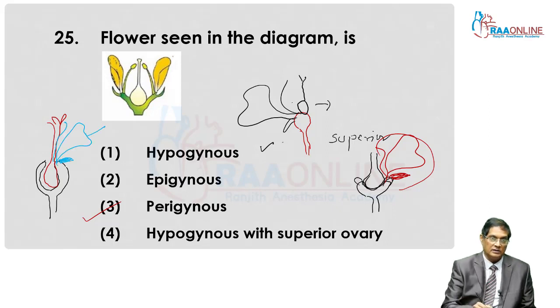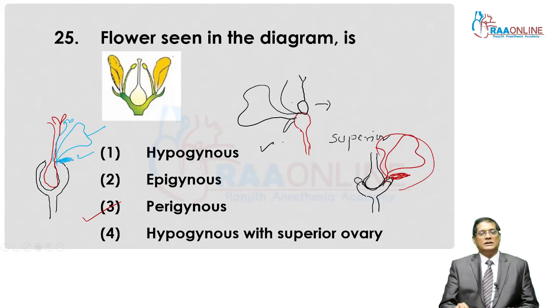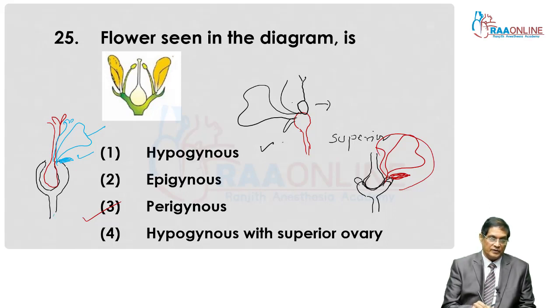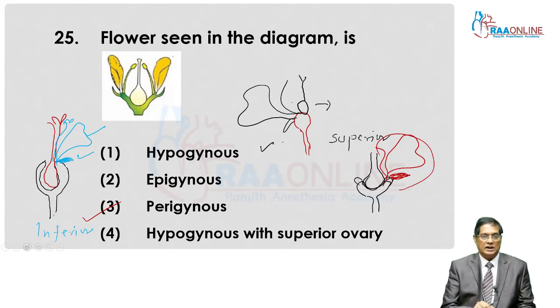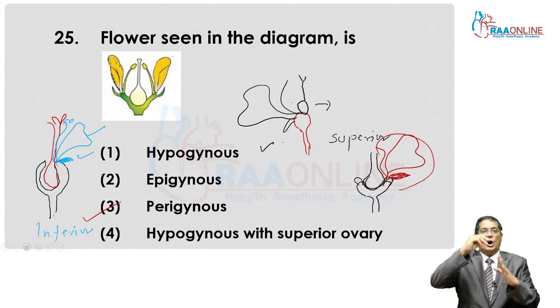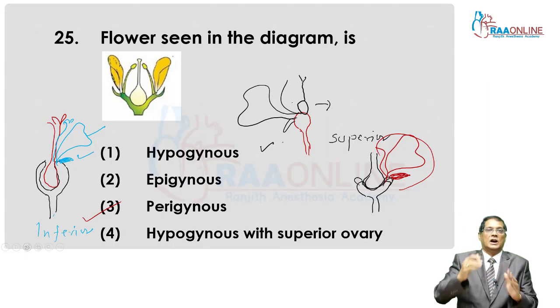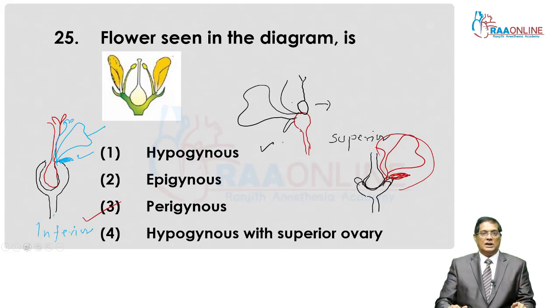This is the corolla, this is the calyx, and this is the location of the androecium. All other whorls are above the ovary. So the ovary is inferior, that is, in the lowermost position, and the other whorls are superior. All whorls are above the gyne, above the ovary on the thalamus. Such a flower is known as epigynous.